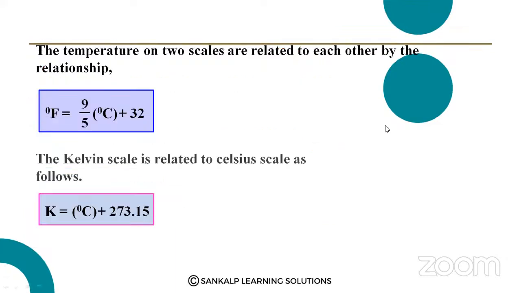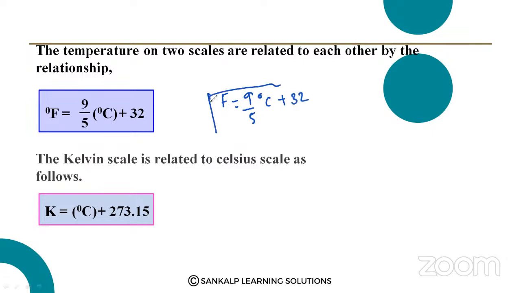How are these temperatures related to each other? How is there a relationship between the two scales of temperature? First, the relationship between Fahrenheit and degree Celsius: Fahrenheit is equal to 9/5 times degree Celsius plus 32.